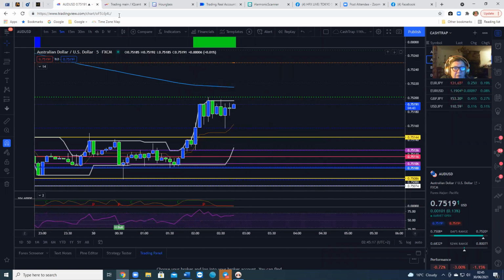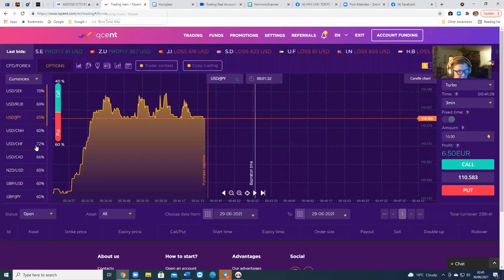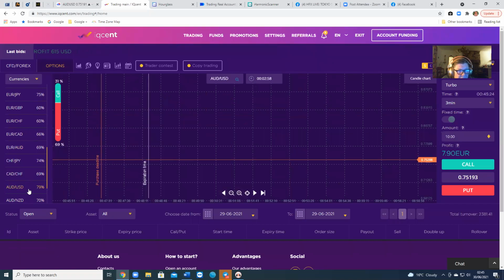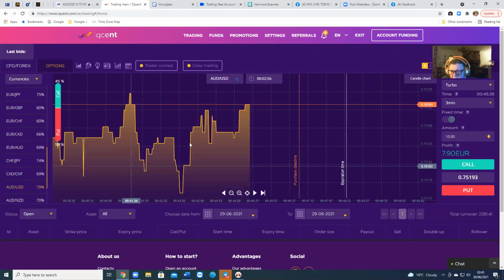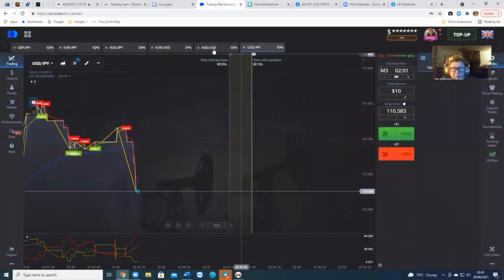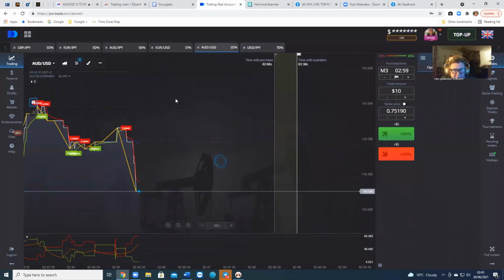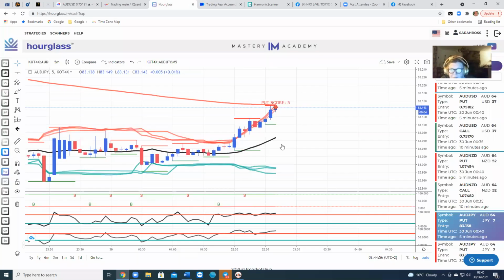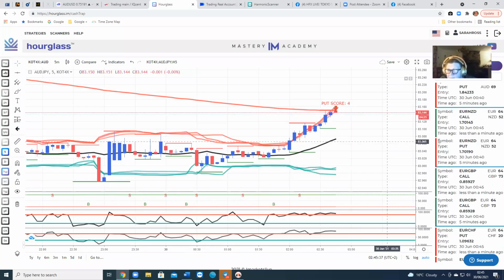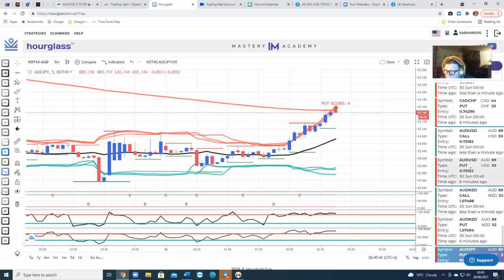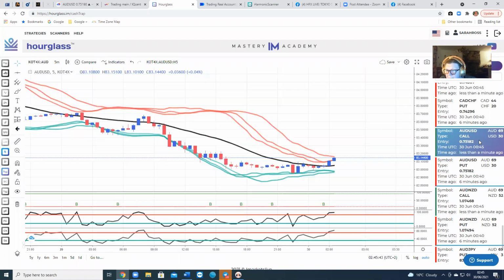It shouldn't really do it because I don't want to lose 79%. 193. It's only 50% on here. I don't think I want to risk it, but it has to give you a pullback at some point.